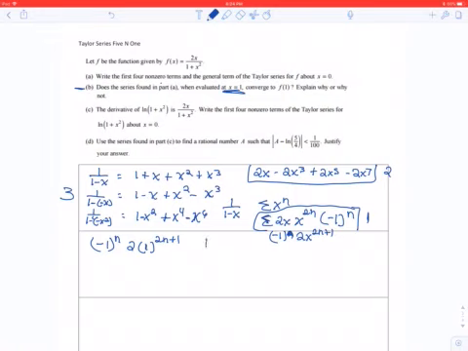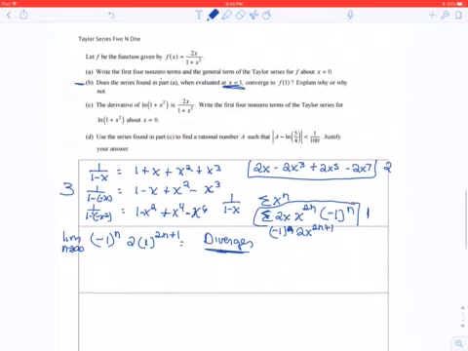And we can see from there that this diverges. If we take the limit as n approaches infinity, that's going to diverge because it alternates between negative 2 and 2. So since this diverges, it cannot converge to 1. So we just say that this diverges. Therefore, it does not converge to 1.